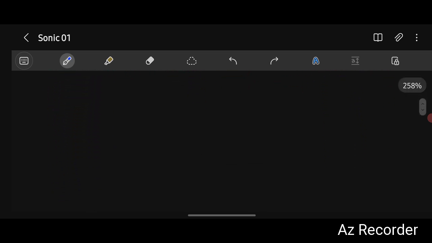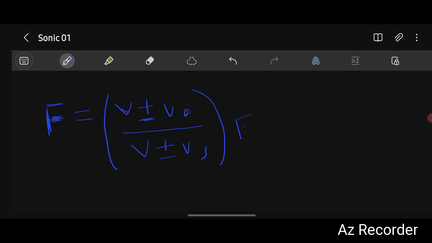Let's go to the direct equation then. You remember that if we write the apparent frequency as f, then we can write the common equation for Doppler's effect as f equals v plus o minus v naught, divided by v plus o minus vs, into f naught.